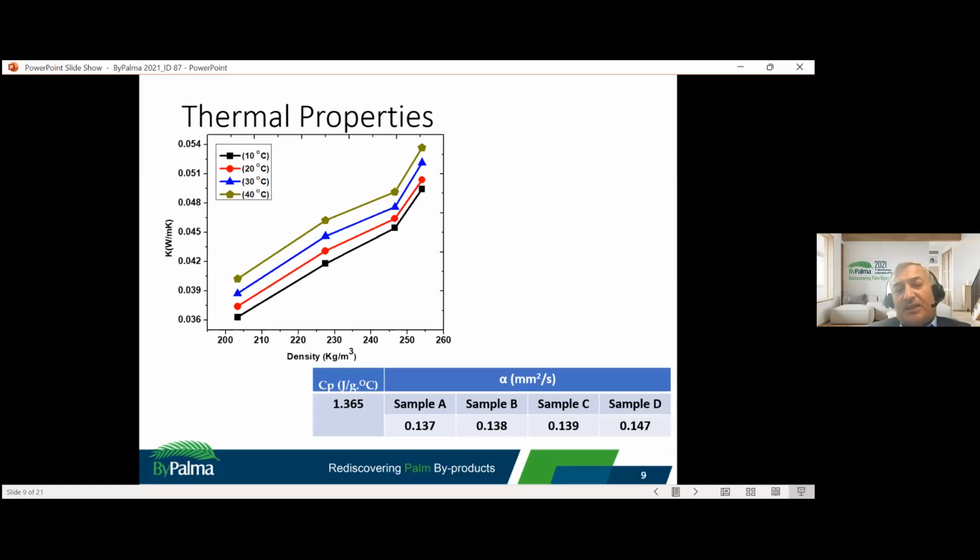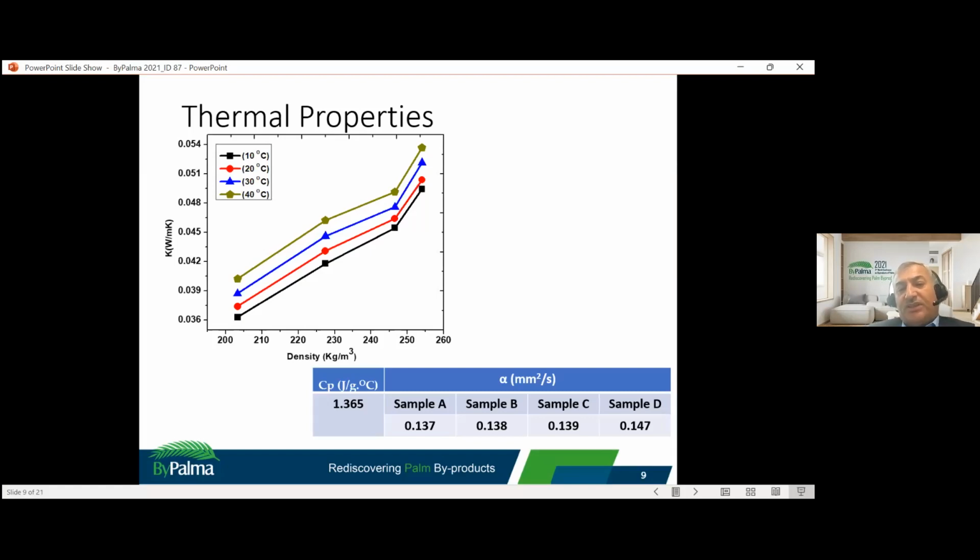Like, for example, the thermal conductivity. You see how the range of the values of the thermal conductivity of these produced insulators is most likely below 0.05 watt per meter Kelvin, which is in the same range of the traditional thermal insulators, which is usually 0.05 and below.